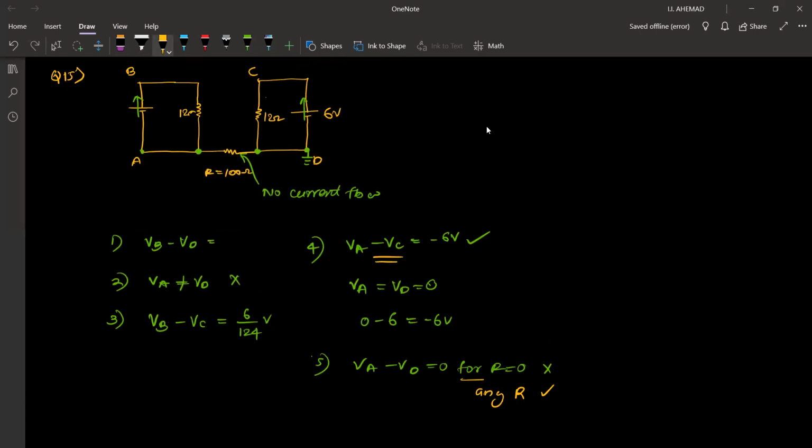Okay. Then anyhow, first and third is wrong. If you know the value only, you can get the value. Okay. You can get the answer here.